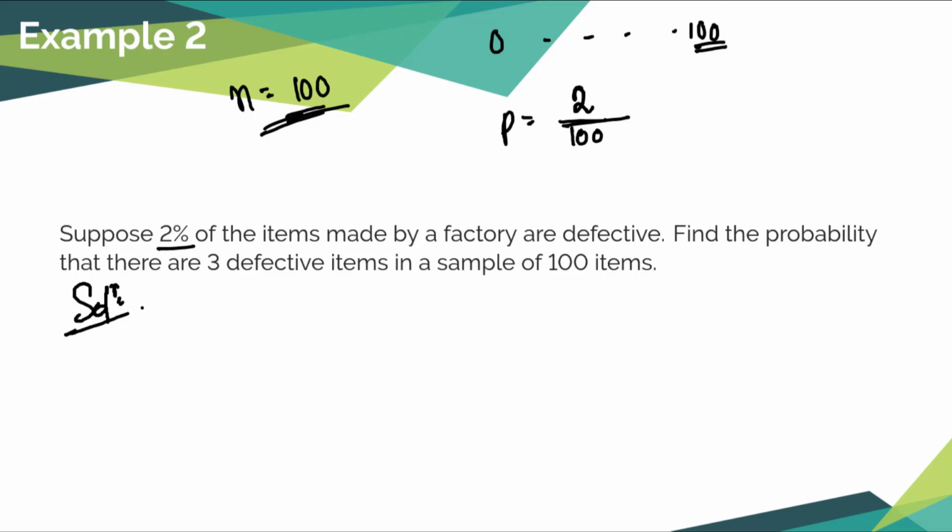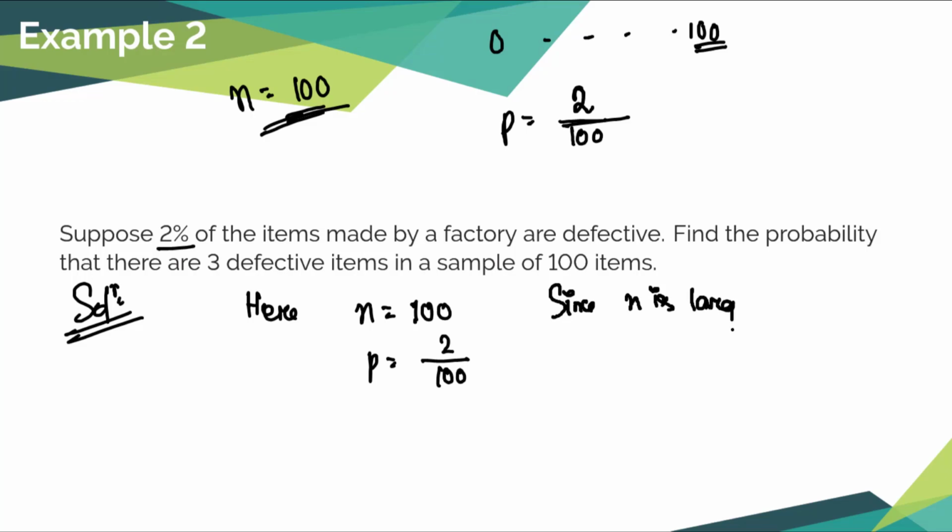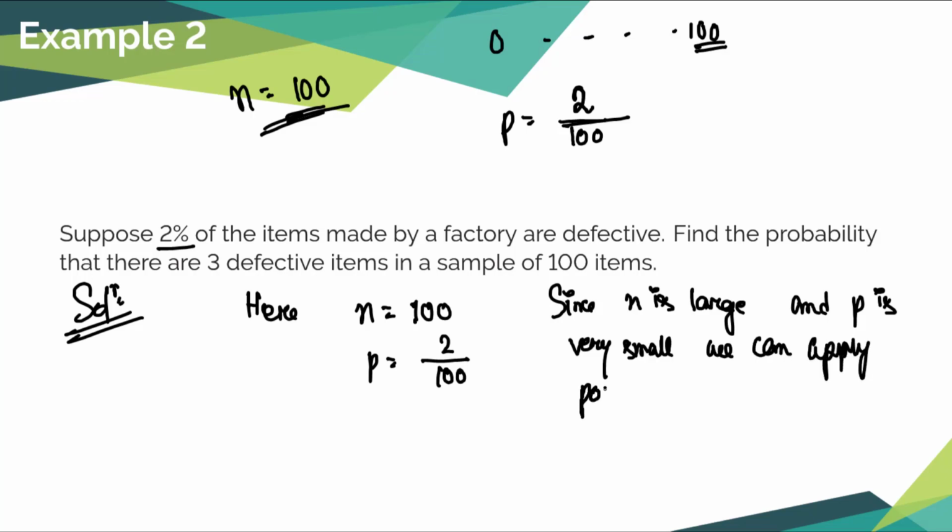So in this kind of solution, here n is 100, p is equal to 2 by 100. Since n is large and p is very small, we can apply Poisson distribution, right?